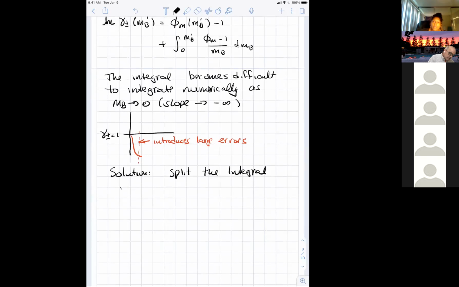So this is how you translate that into mathematical terms. You have this function, which is phi m minus 1 over mb, but we're going to split this up into some new region, which is closer to this limit.